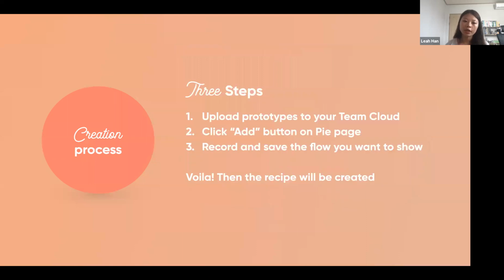First, how to create an interaction recipe. There are 3 steps. Just upload it to your cloud, then click a button, and then record the flow. And that's all. Then ProtoPie will create the recipe automatically.